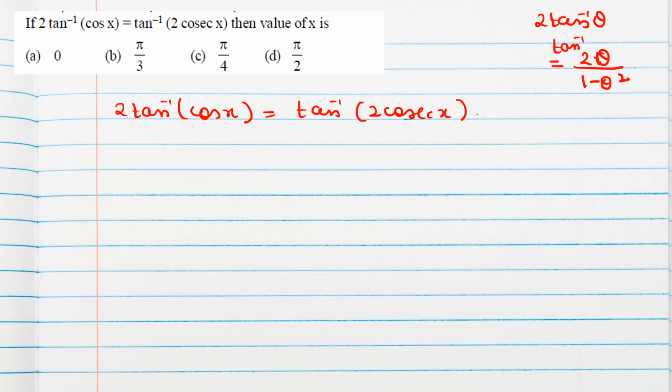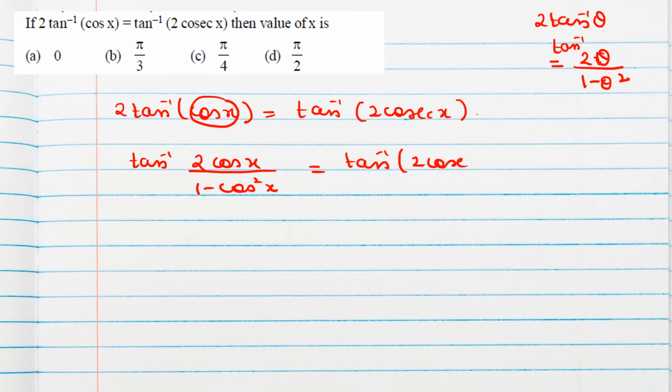So if we use this formula, in our case our theta is cos x. So we will get tan inverse 2 cos x divided by 1 minus cos square x. And here tan inverse 2 cosec x.